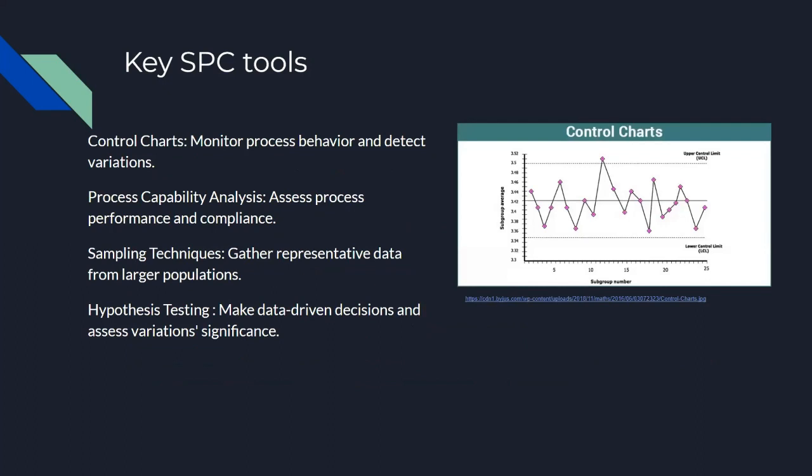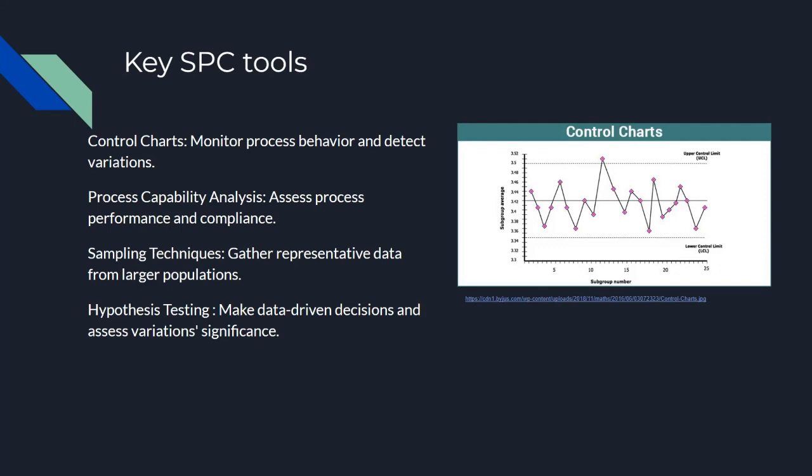Okay, so the first one that SPC will use is control charts, which just keep an eye on behaviors during a process and look for variations, so that if the variation is something that needs to be stopped or changed, it can be noticed immediately and fixed before something actually goes wrong.